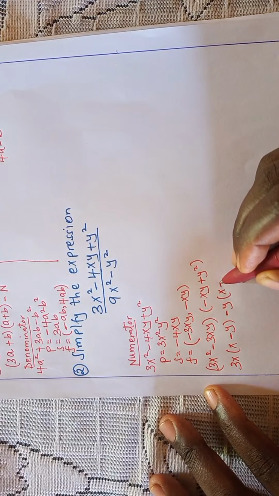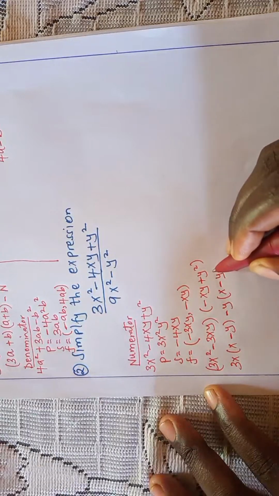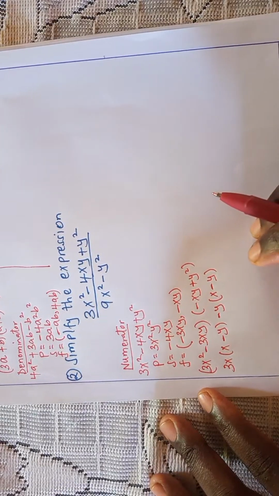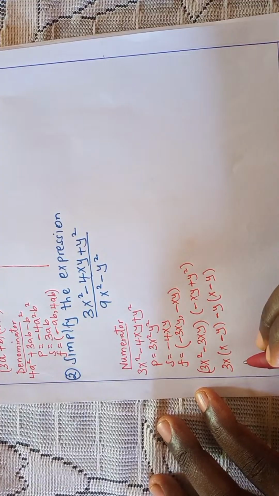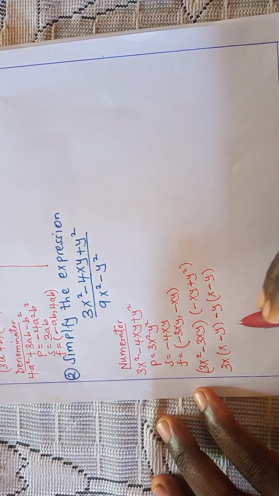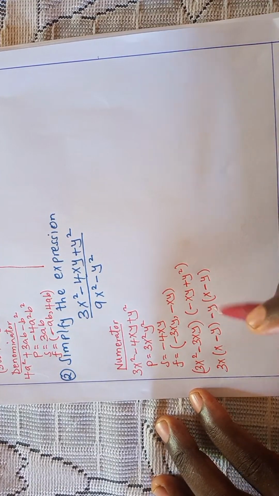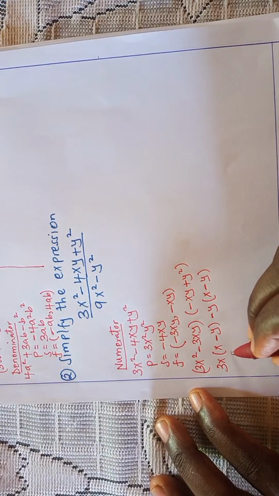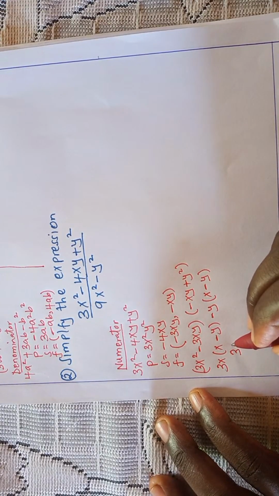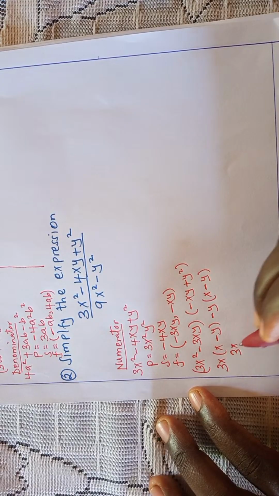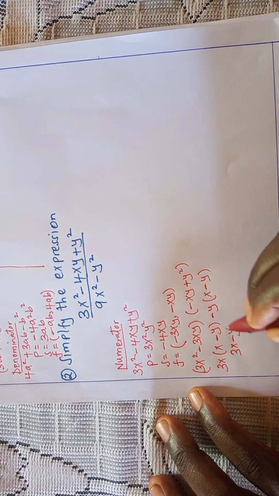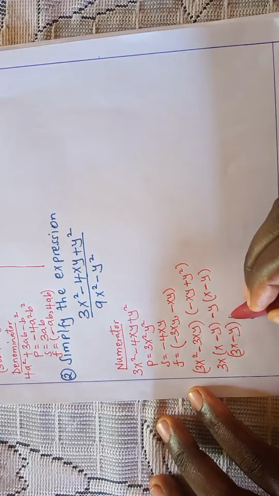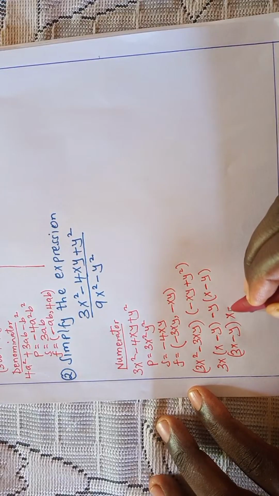If you multiply by negative y, you will get positive y squared. Let us proceed. Now, because the two brackets are similar, we take one and say its simplest form is 3x minus y, and then we have x minus y.